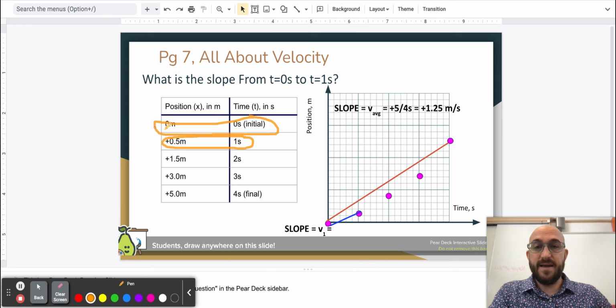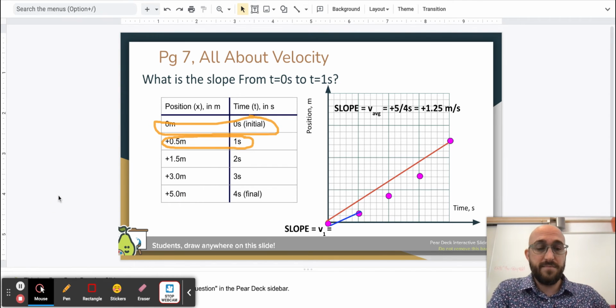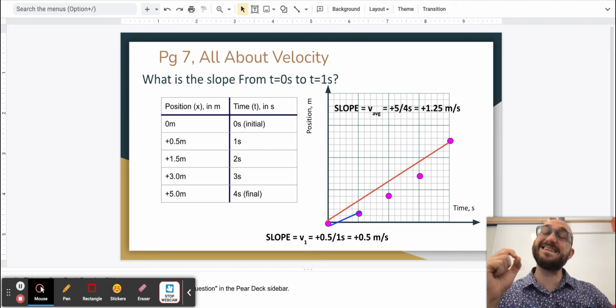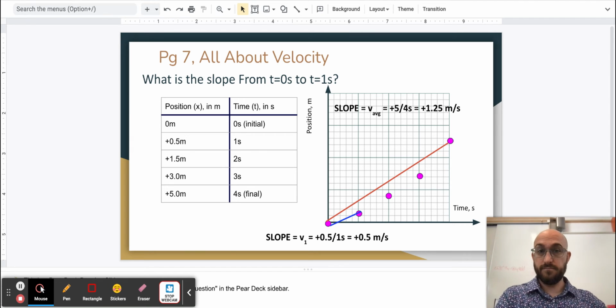Your rise is going to be from 0 to 0.5 meters, and your run is going to be from 0 seconds to 1 second. Okay, well, that means that's plus 0.5 meters per 1 second gives me positive 0.5 meters per second as my instantaneous velocity.